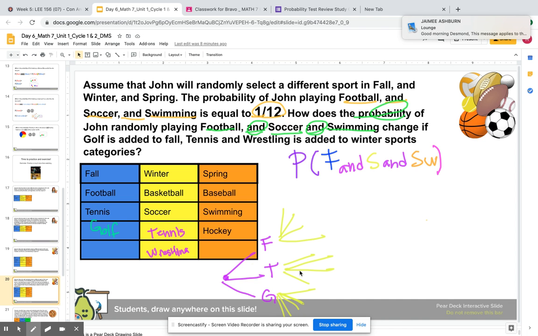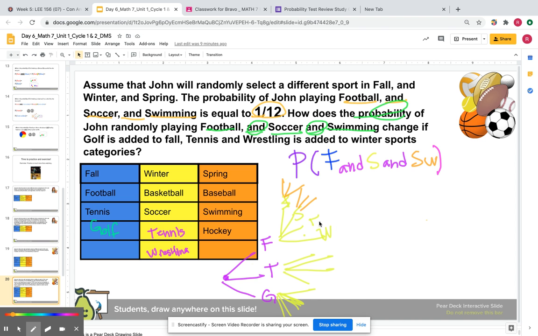It gets messier because now you have basketball, soccer, tennis, wrestling, and you do the same thing for all of these. Then those branches are going to branch out 3 more. Just imagine 3 more here, 3 more there, 3 more there. It just becomes such an ugly tree. That's why we decided to multiply and find the probability of those events.